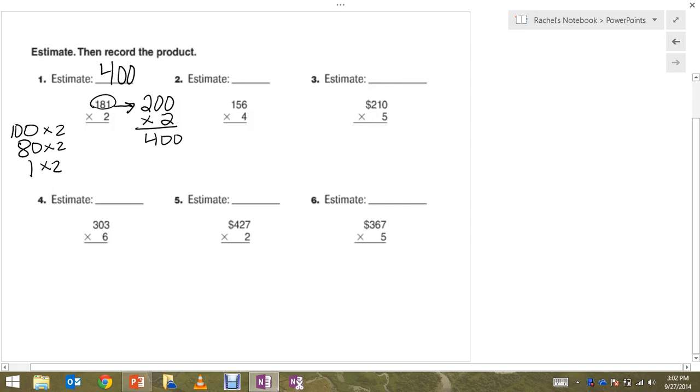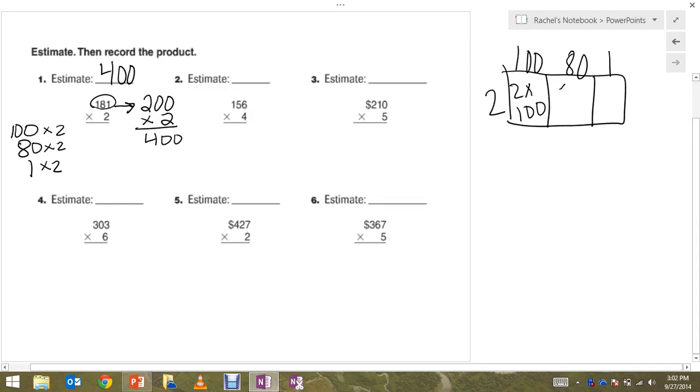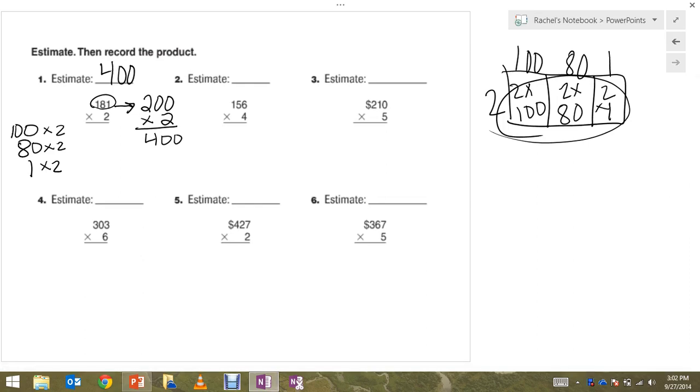So thinking about our rectangle before, 100, 80, and 1 would have been those 3 smaller pieces, and then multiplying each by 2. 2 times 100, 2 times 80, 2 times 1. So within the area model, within the rectangle, these are our 3 smaller partial products, and that's what I'm going to list underneath my problem.